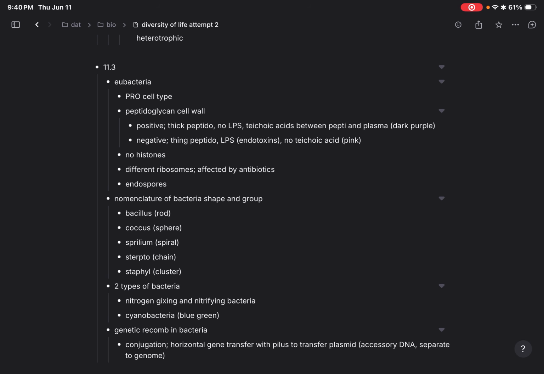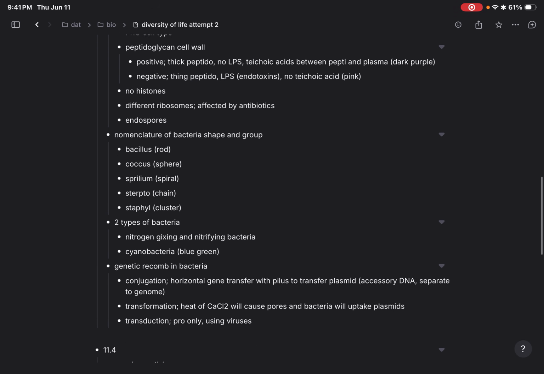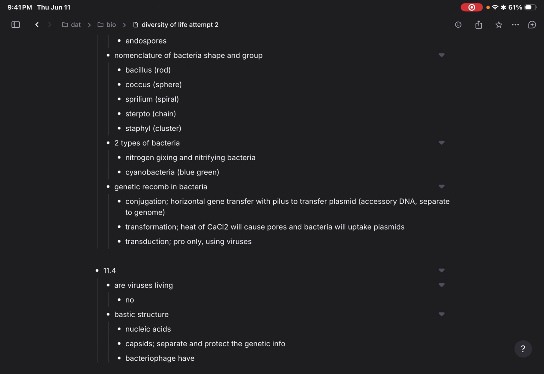Okay, staphylo, cluster; strepto, linear; coccus, spherical; bacilli, rod; spirillum, spiral.